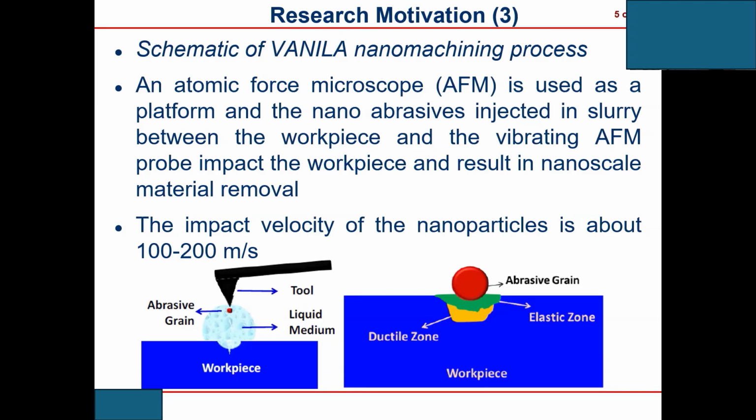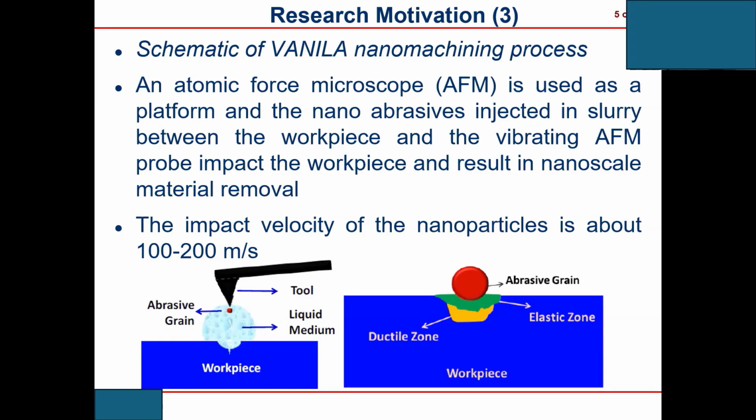When the probe vibrates, the abrasives, which we call abrasive grains, also vibrate in the slurry, going up and down, and they can remove this material. Here we will have a cavity where the material is removed. The impact velocity of the nanoparticles is about 100 to 200 meters per second.